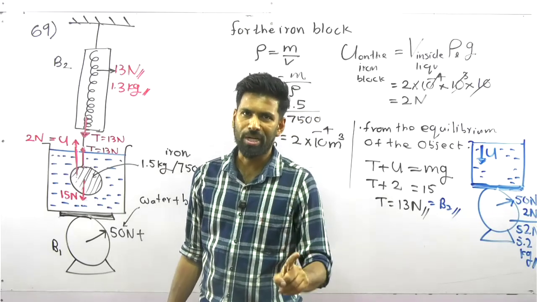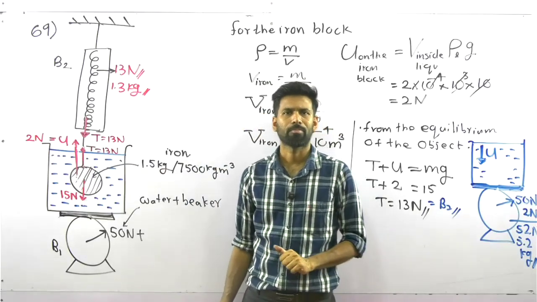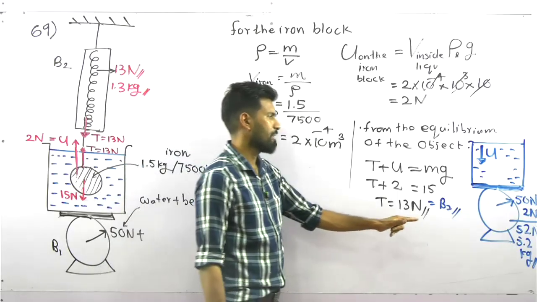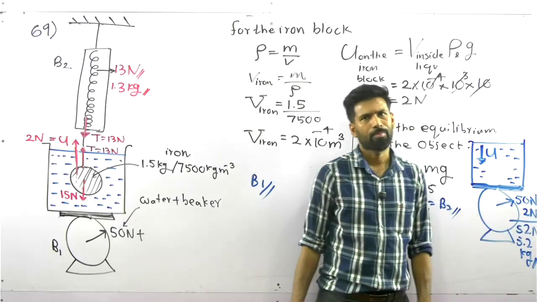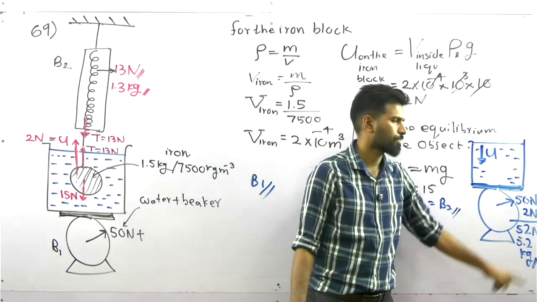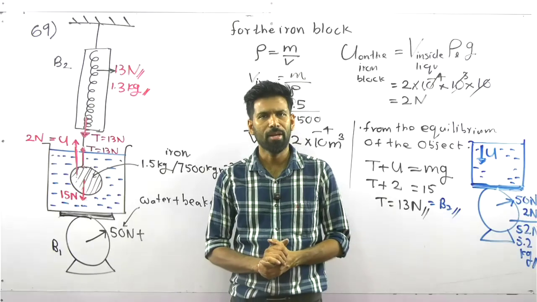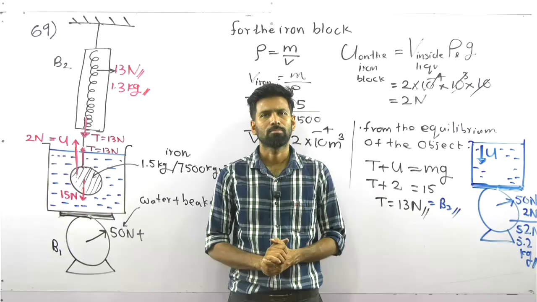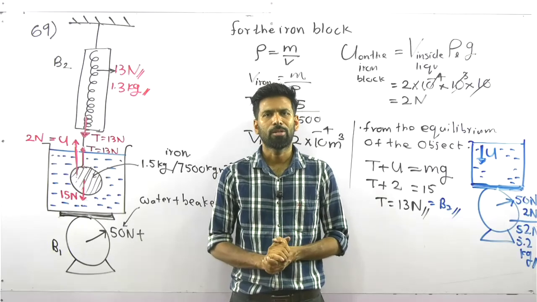It is the down thrust, and it will increase the reading by another 2 Newton value.